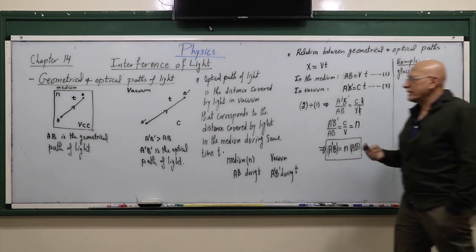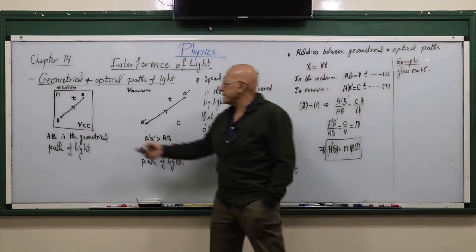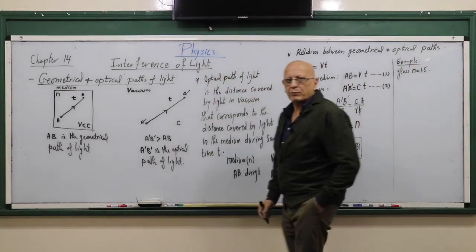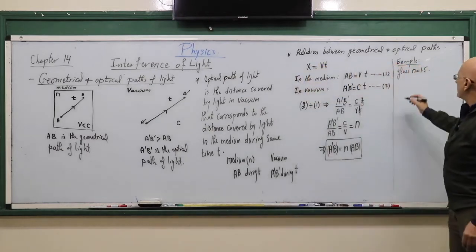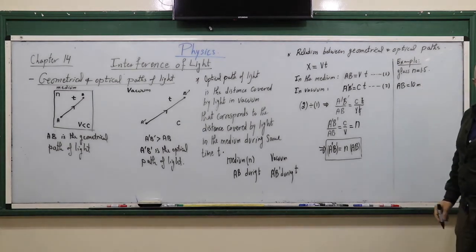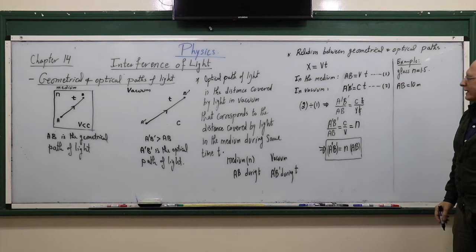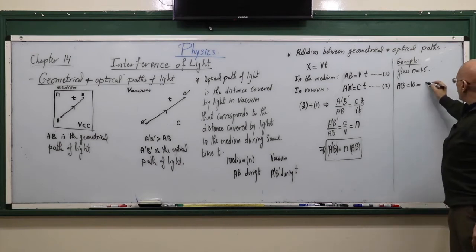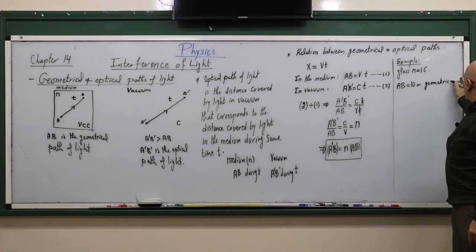If I have light passing through glass and covering, for example, AB equal to 10 meters, this is the real distance covered by light in the glass, the geometrical path of light.